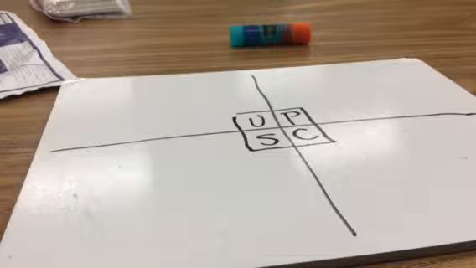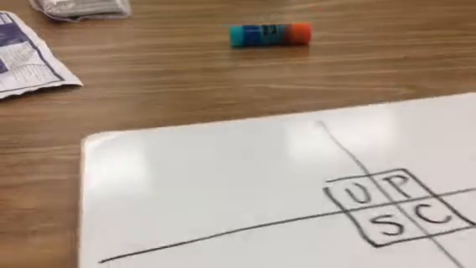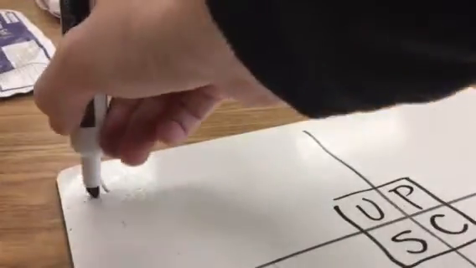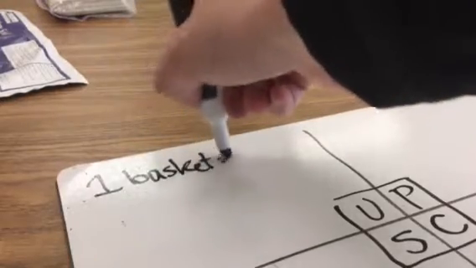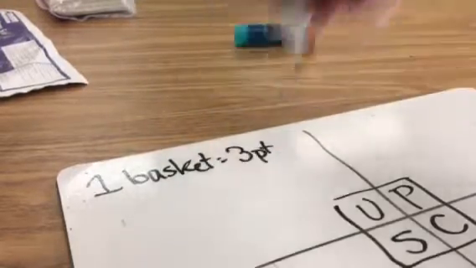Okay, sentence number 1. Lamar and his brother were playing basketball, where each basket was worth 3 points. So there's not a lot in there, but it does tell us that each basket, so one basket equals 3 points.